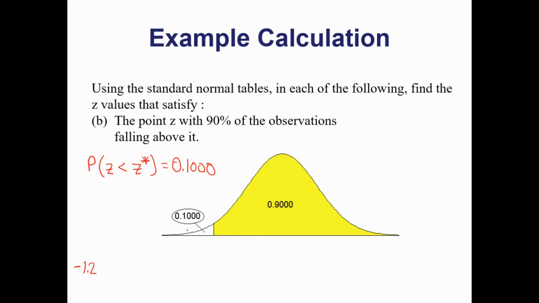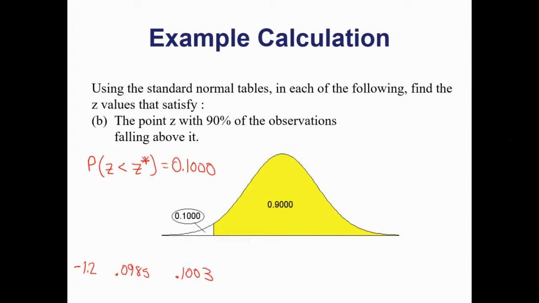But you'll see two values that are on either side of 0.1: 0.0985 and 0.1003.